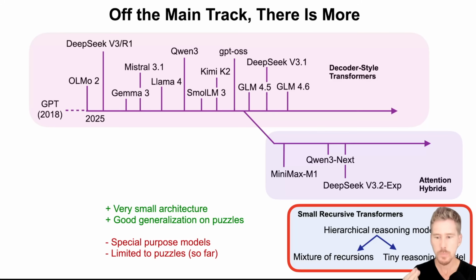Maybe one day there will be a module inside an LLM, like a function calling LLM, where an LLM can use a pre-trained small recursive transformer to solve a specific puzzle, for example. But they are not general purpose. They are special purpose models that have to be trained for a special task. So I would say they're cool, but they don't replace the decoder style transformers. They're themselves decoder style transformers, but they're not replacing the LLM decoder style transformers here at the top because they are very special purpose.